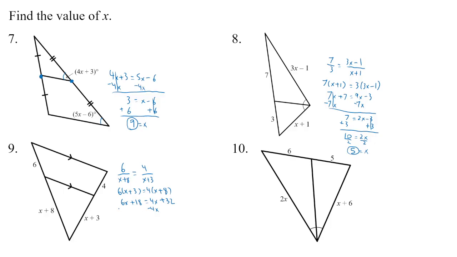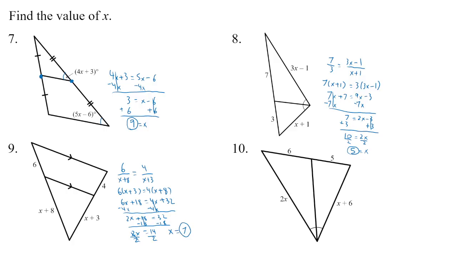Subtract 4x from both sides, and you'll have 2x plus 18 equals 32. Subtract 18 from both sides, and you'll have 2x equals 14. Divide both sides by 2, and you get x equals 7. Therefore, the solution is 7.